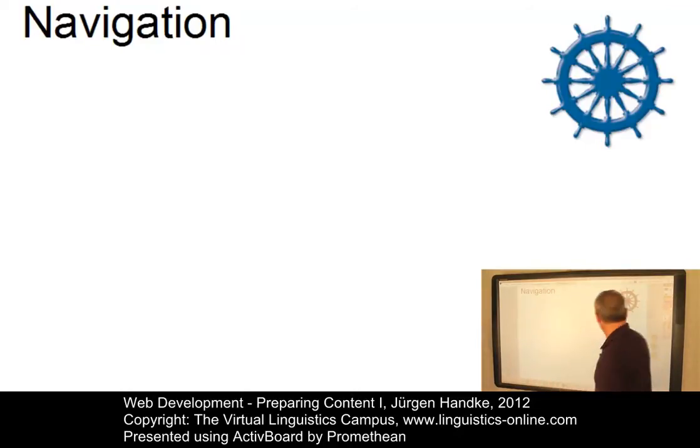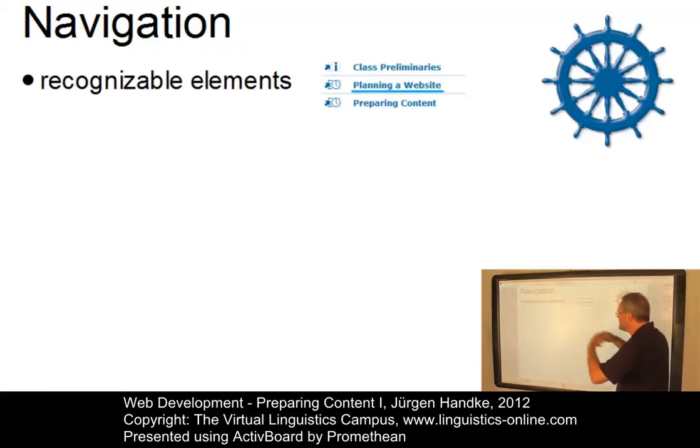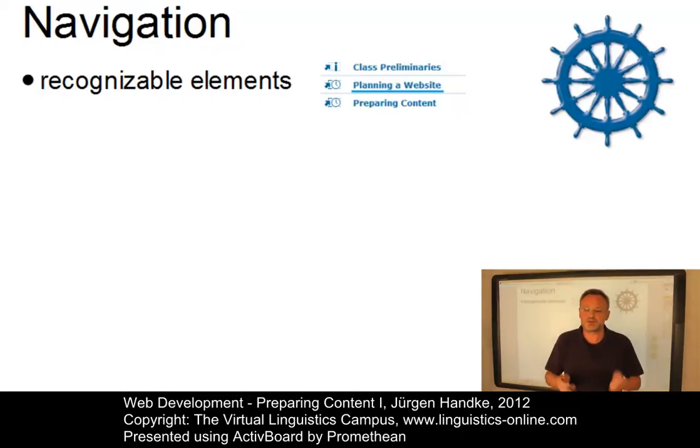For example, the elements used in the navigation application should be recognizable by the users. Links should be bold or underlined, well, you know this from the World Wide Web. Buttons should be distinguishable from the rest of the design, for example by adding a drop shadow.